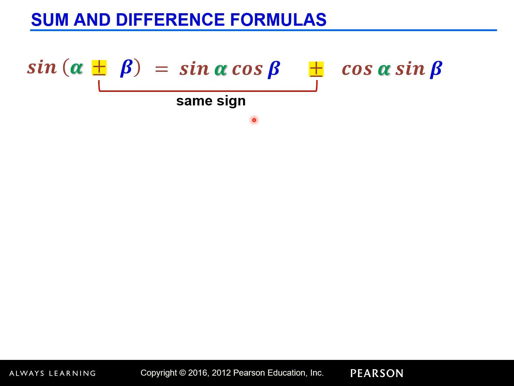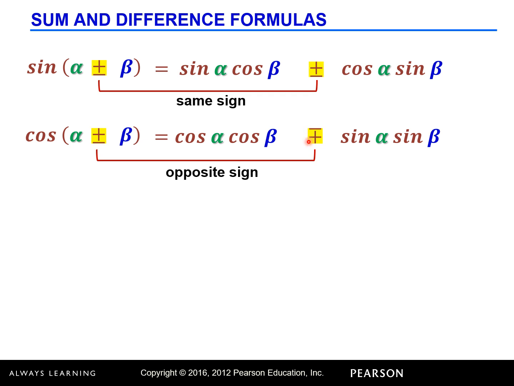Then for the sum and difference angle for cosine, take note that this is also not equal to cosine alpha plus or minus cosine beta, meaning you cannot distribute also. So this identity is equal to cosine alpha cosine beta, then minus or plus sine alpha sine beta. So you can see that the angle is in the same order, alpha beta, but the function is cos cos, sin sin.